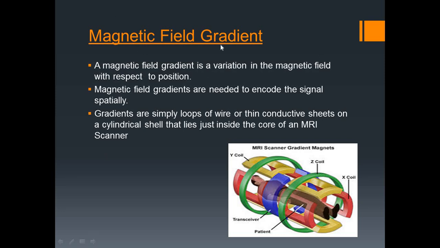So a magnetic field gradient is used for variation in magnetic strength in different positions, and it helps to encode the signal. It is a loop of wires inside the core of the MRI machine. Here is a picture of a magnetic field gradient.